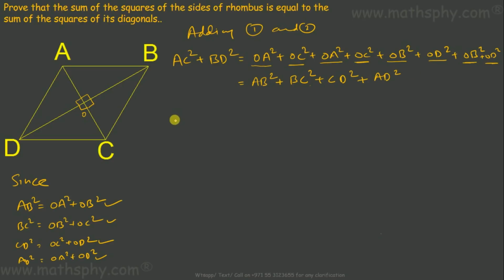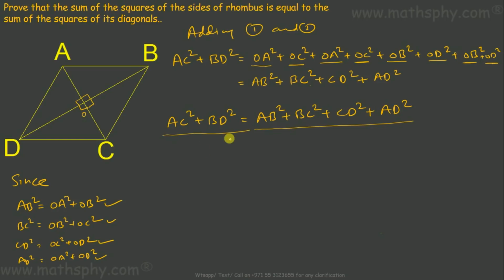So now I have AC square plus BD square equals to AB square plus BC square plus CD square plus AD square. That's what I had to prove. Sum of squares of the sides of rhombus is equal to the sum of squares of diagonals, AC square plus BD square.